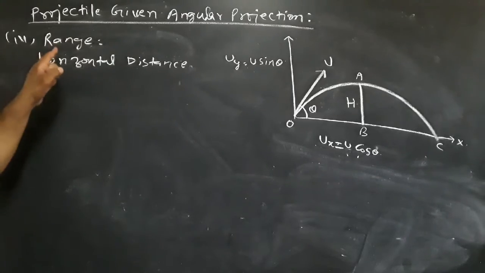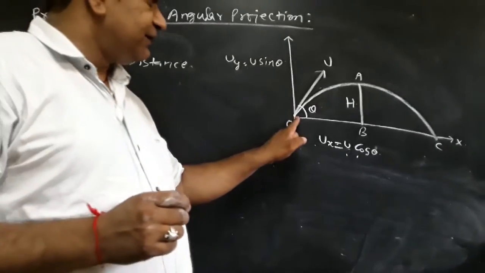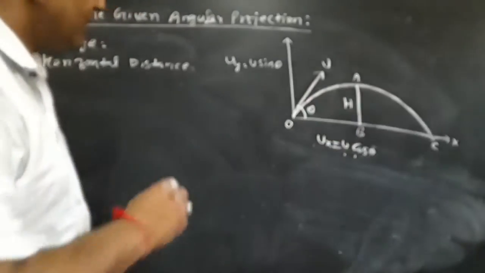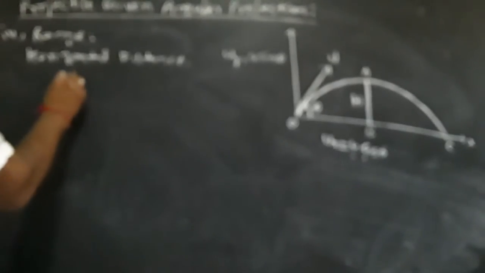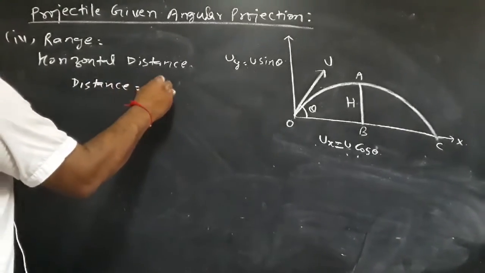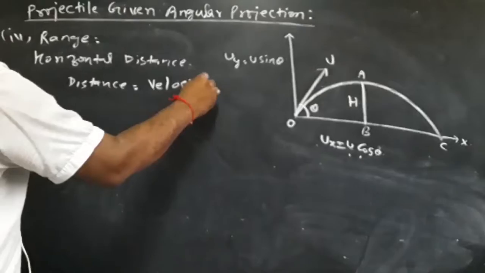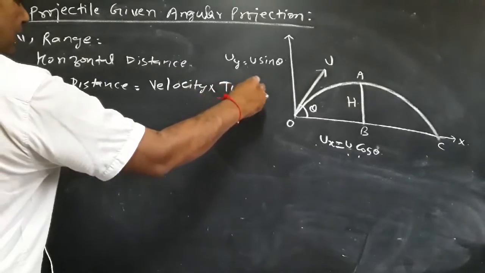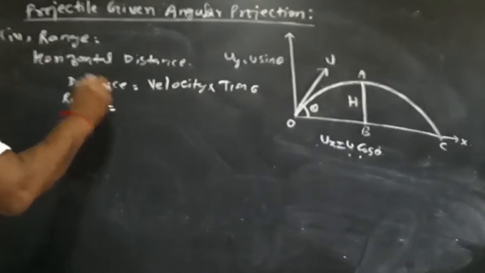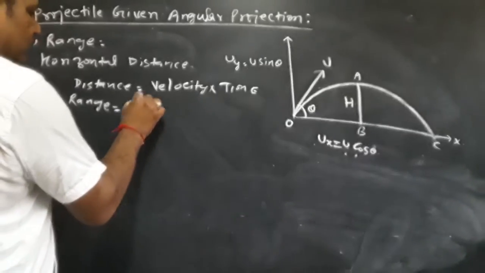Now the next is range. This is the horizontal distance from O to C. Now we know distance is velocity into time. This is horizontal range. Velocity is u cos theta.